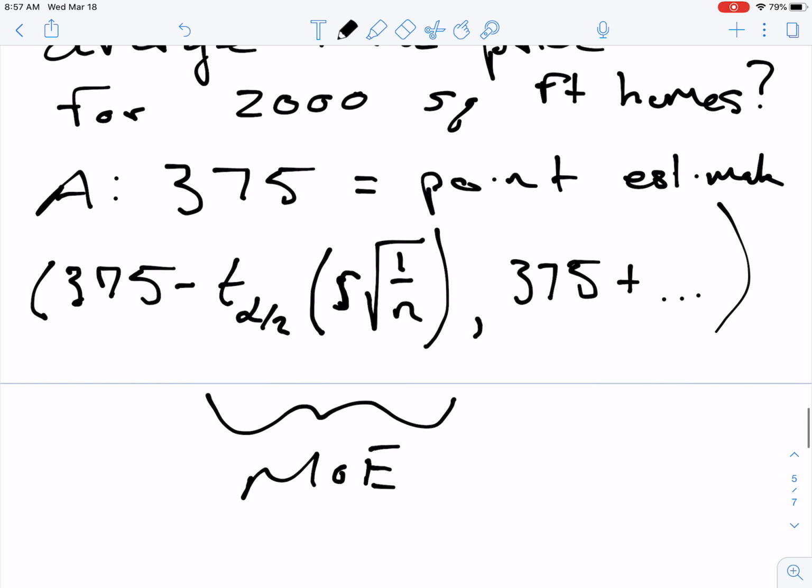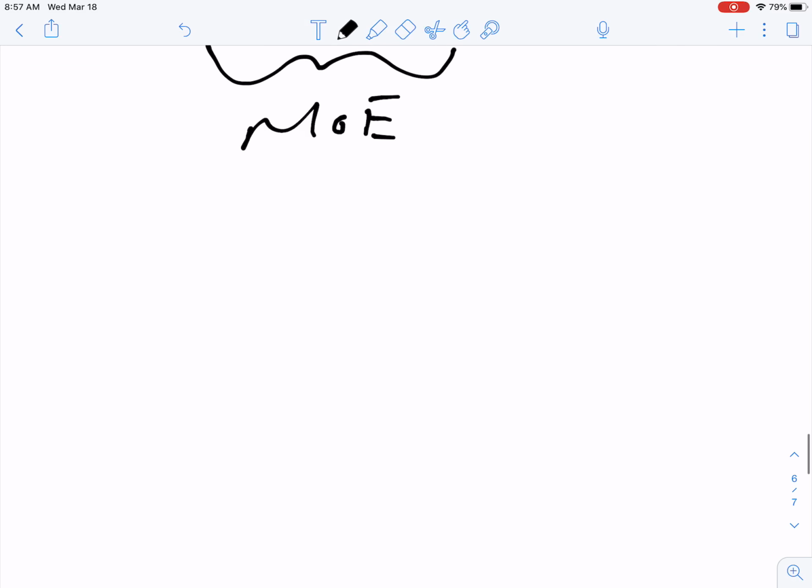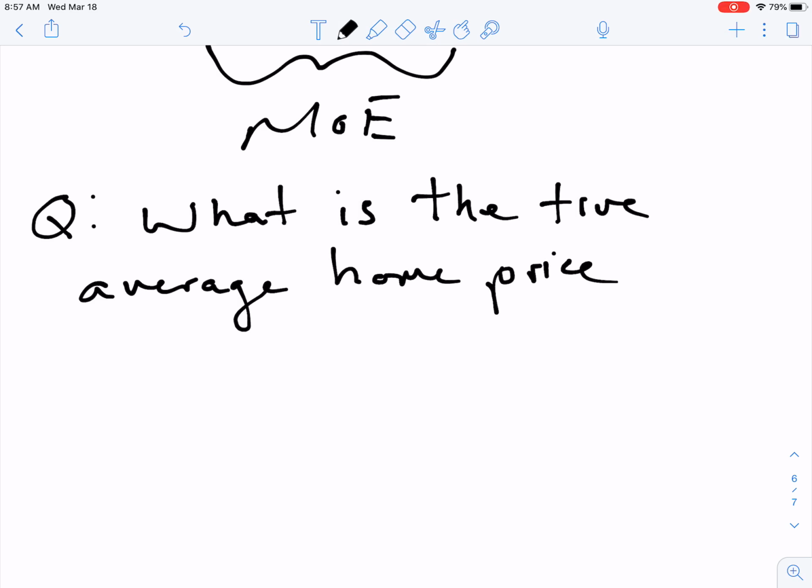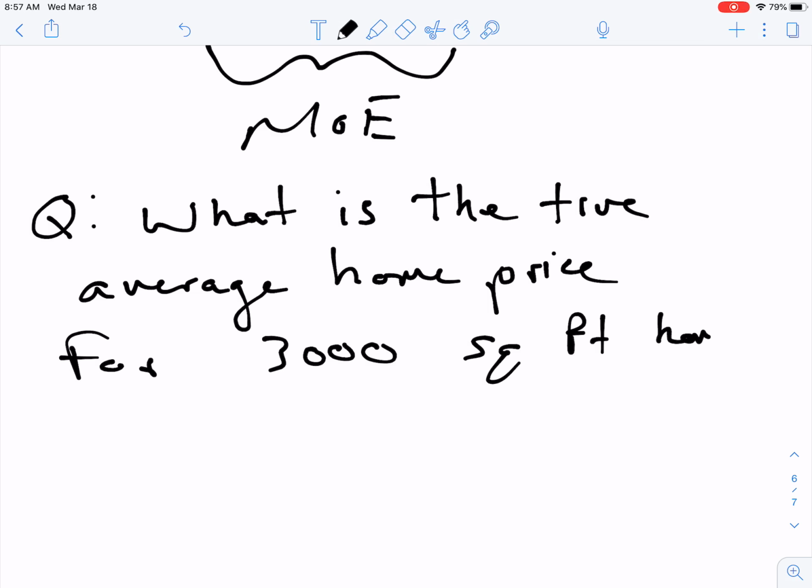Now let's suppose we asked about a different value of x that was not x bar. Question: what is the true average home price for 3,000 square foot homes?